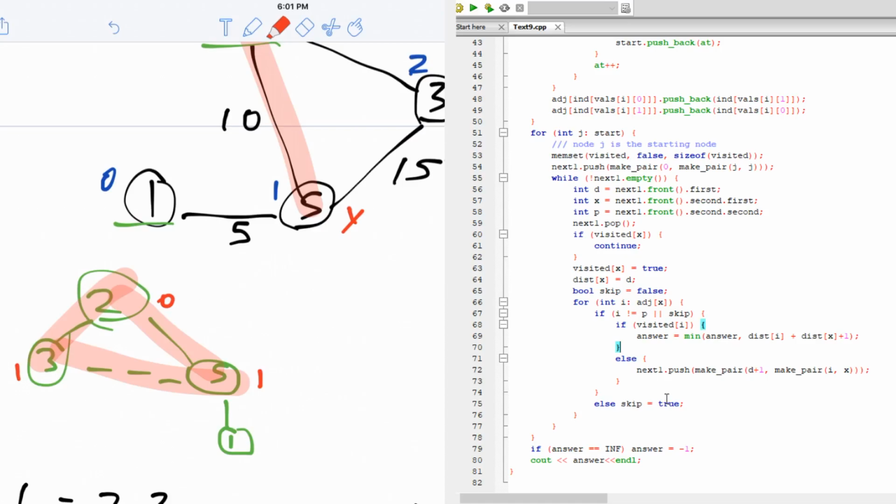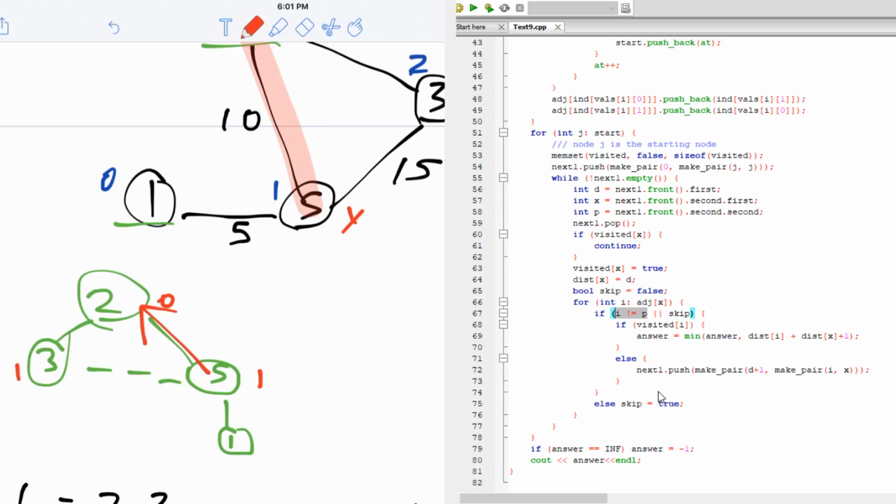Okay, however, just because we see another edge, it could be this cross edge here, or it could literally be the edge you're coming right back off. Sorry, it's lagging a little bit. Yeah, cool. It could be that edge that you're coming right back off. And if that's the case, to avoid this, what we do is we say if I is not equal to P. This makes sure that you're not going right back up to your parent.